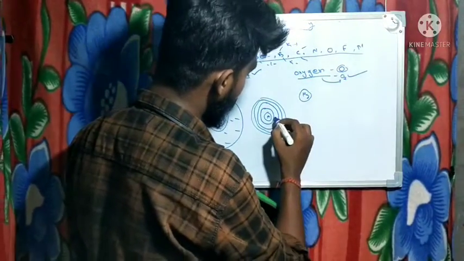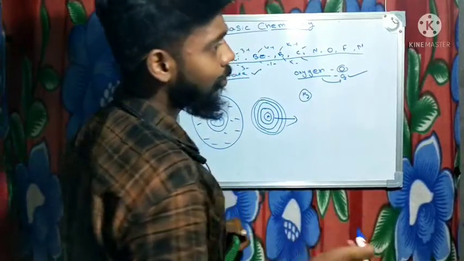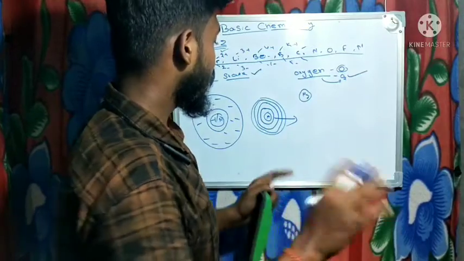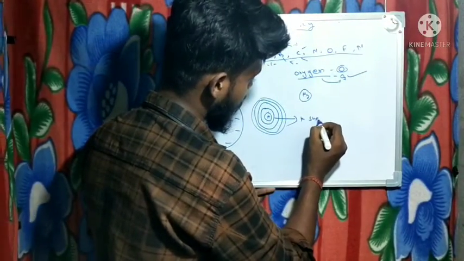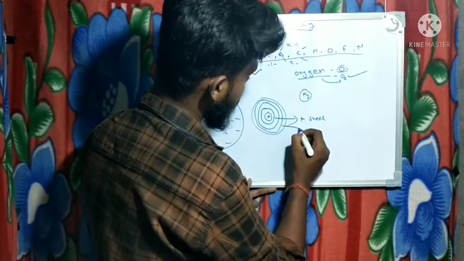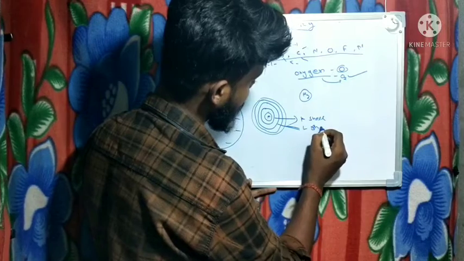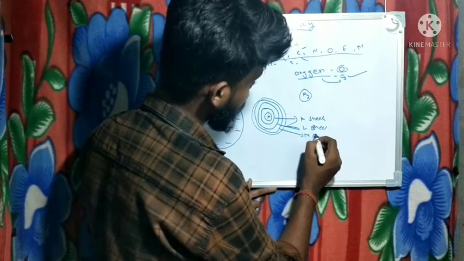According to chemistry, this is called a shell, and the first shell is your K shell. Remember, the next shell is your L shell, and this shell is your M shell.